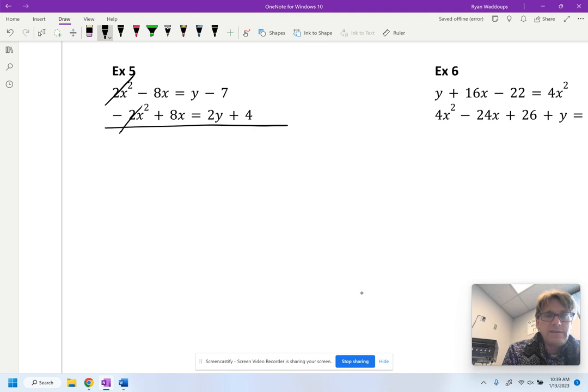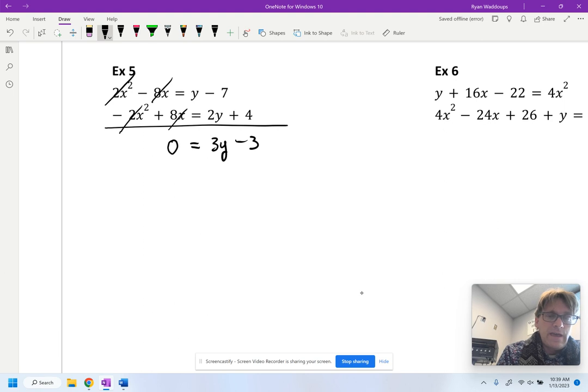Minus 8x plus 8x, those also are opposites of each other and cancel each other out. So you're left with 0 on the left. And y plus 2y is 3y. And then minus 7 plus 4 is minus 3.